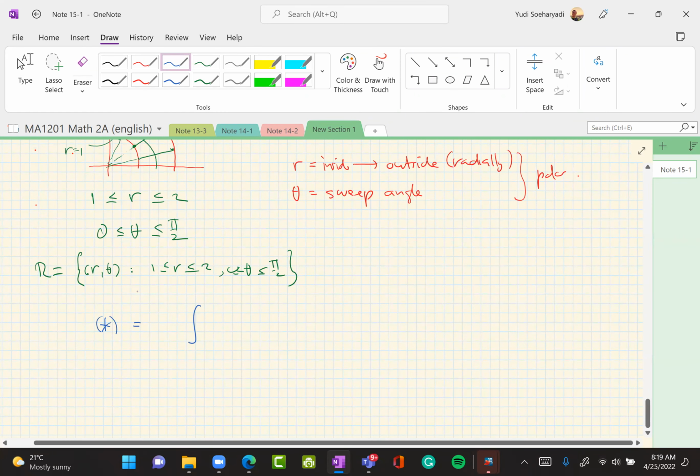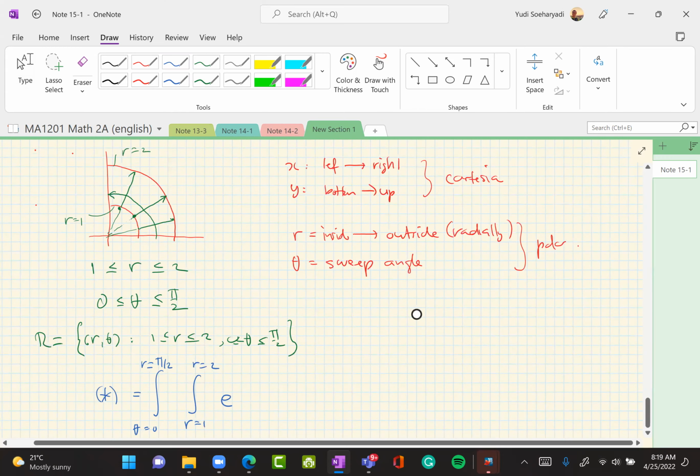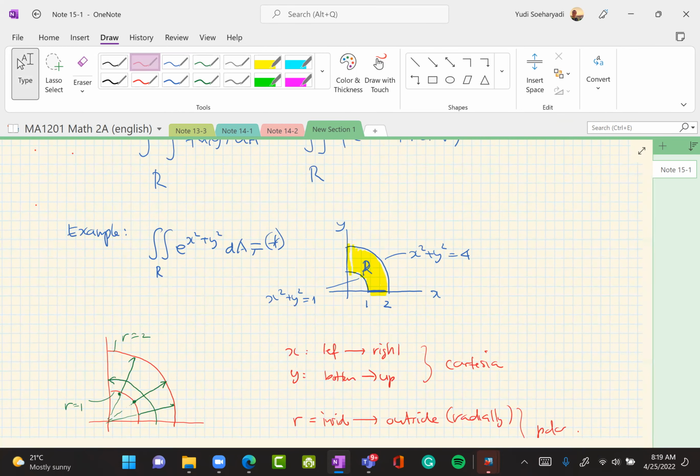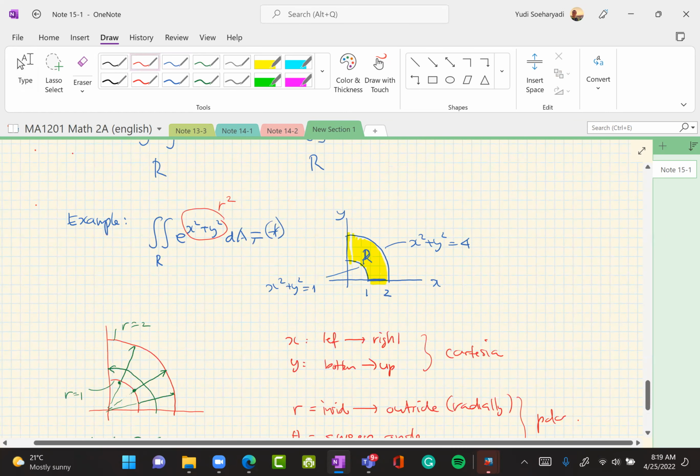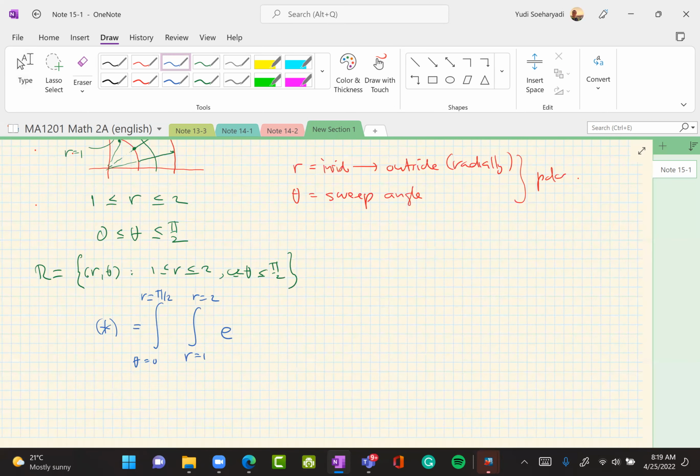At the end, you have r from 1 to 2, theta from 0 to pi over 2. x squared plus y squared is r squared. Okay, we have r squared, and dA is r dr d theta, right?